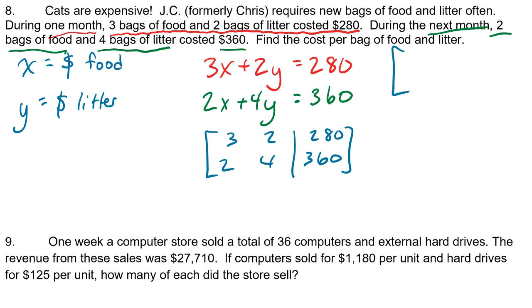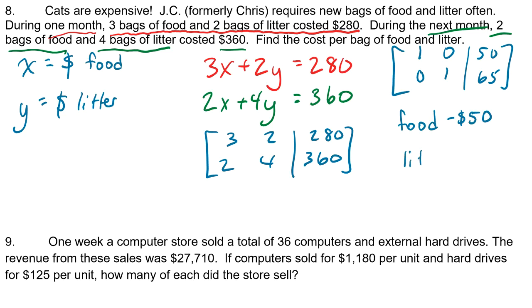And when you solve it, you end up with 1, 0, 50, 0, 1, 65. And so that means food is $50 and litter is $65.